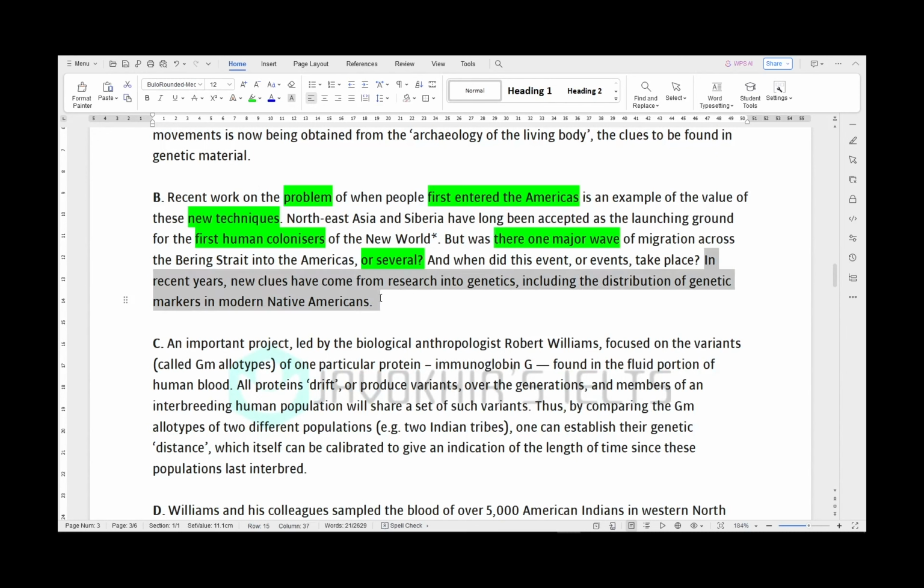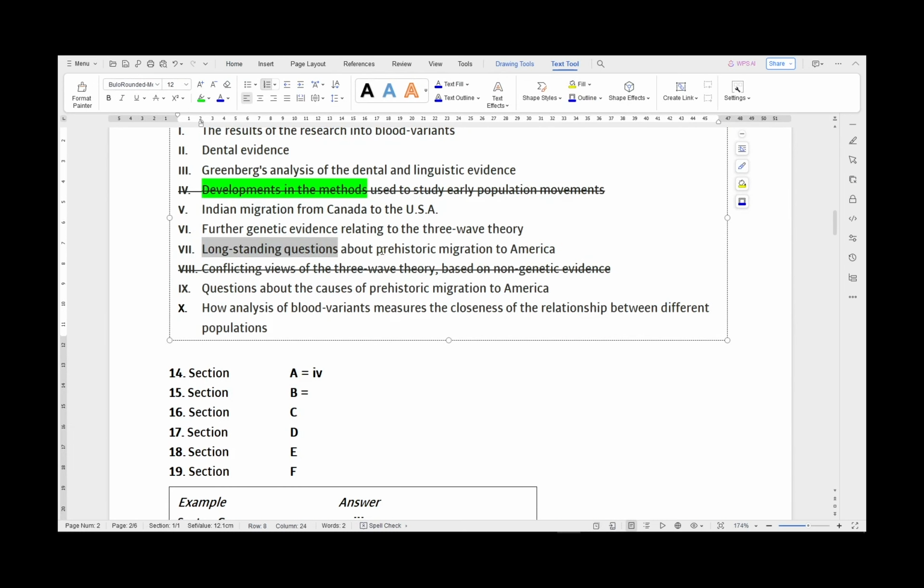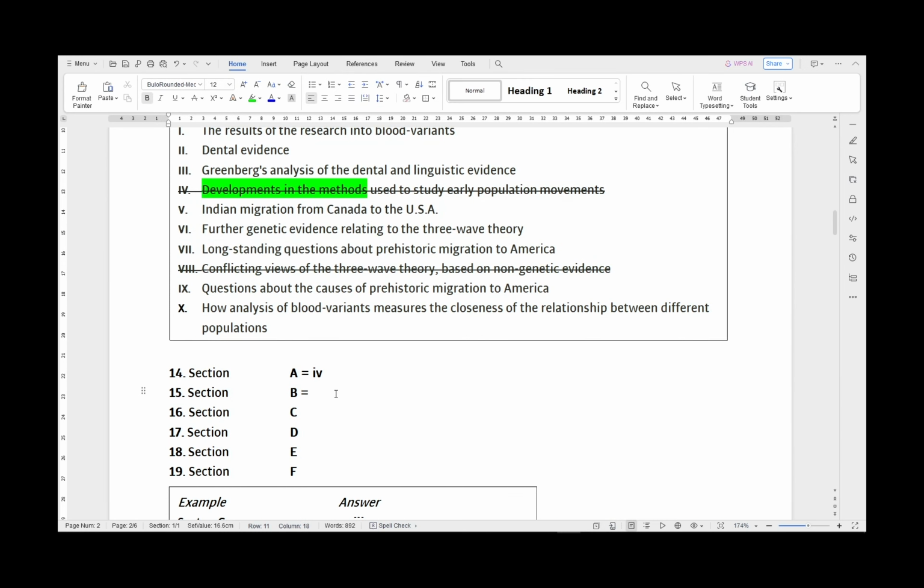The last sentence is saying that in recent years new ideas came from genetics, including the genetic markers. Genetic markers are spots in modern Native Americans. So yeah, I would say that that's definitely not option number 7.